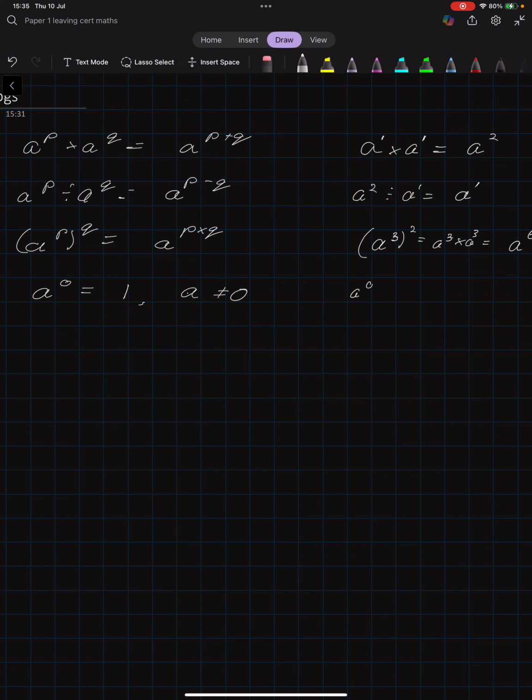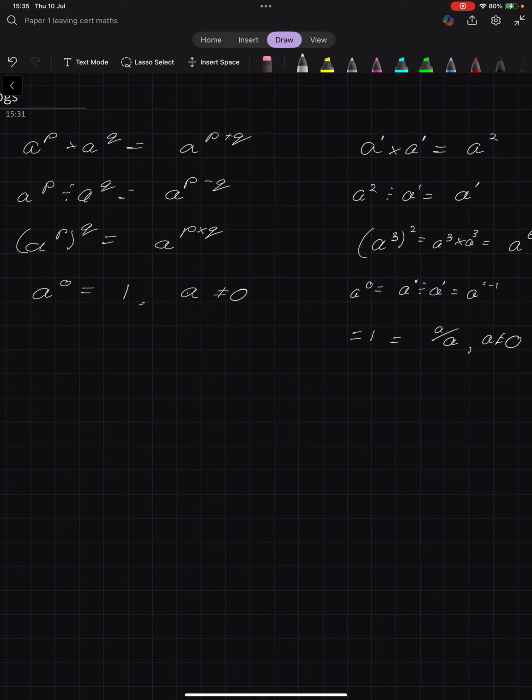A to the power of 0 is equal to a divided by a, because again, that's equal to a to the power of 1 minus 1. So that's why this is always equal to 1, because it's a divided by a. The only time this doesn't work is when a is 0, because I can't divide by 0. Okay?